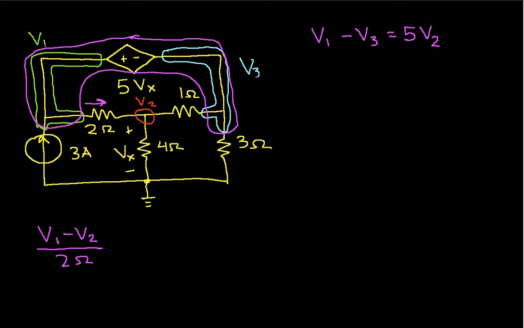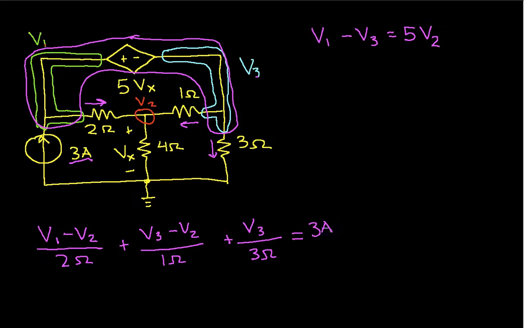And then we'd have the current going through the 1 ohm resistor, which will be V3 minus V2 over 1 ohm. So that's the current going this way. We then have the current going through the 3 ohm resistor. That'll be V3 divided by 3 ohms. And this will be equal to the current coming into the node, which is this 3 amps.